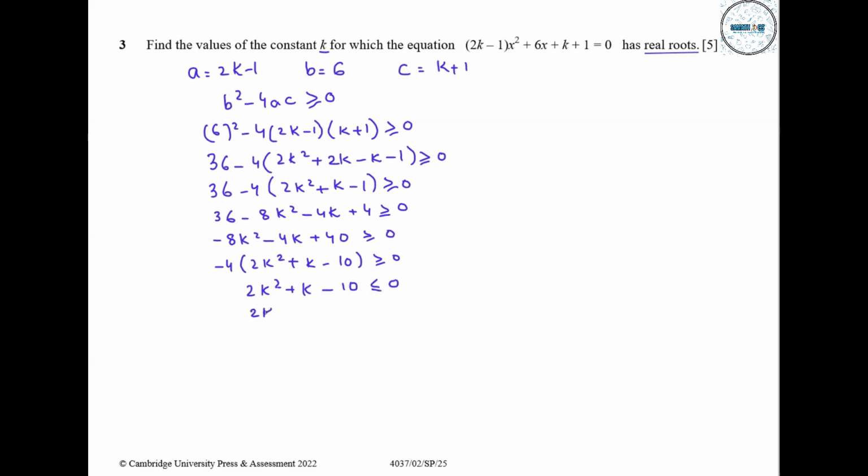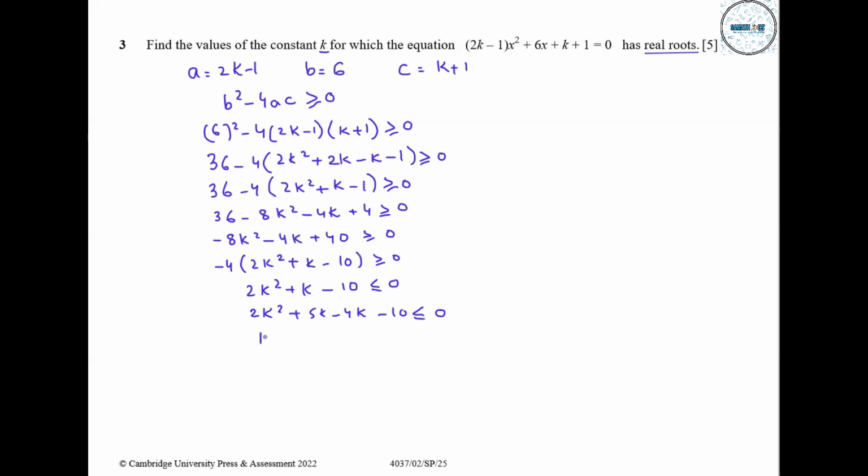You can do middle term breaking. 2k square plus 5k minus 4k minus 10 is less than or equal to 0. 2 times 10 is 20, and we have to make the factors of 20 in such a way that we get plus k. So 5 times 4 is 20, and 5 and 4 are the factors which give the answer as 1k.